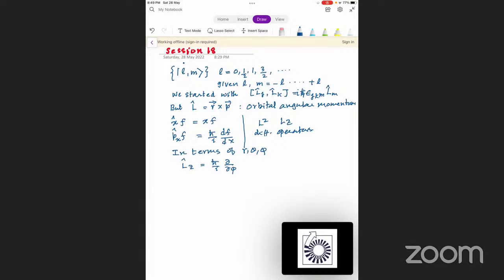So this is the operator. And the L square operator is minus h bar square into 1 by sine theta, dou by dou theta, sine theta into dou by dou theta, plus 1 by sine square theta into dou square by dou phi square.